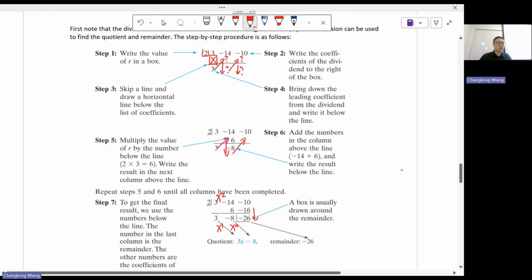Whether or not you like it, you just have to make sure that if you decide to do it, be careful with what number you keep in the box as you go up and down, when you do multiplication and when you add up, and pay attention to the sign errors. It's more like a way of saving some work when you write.